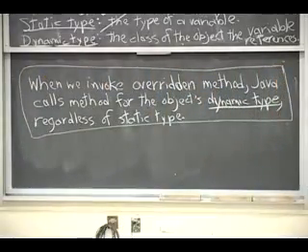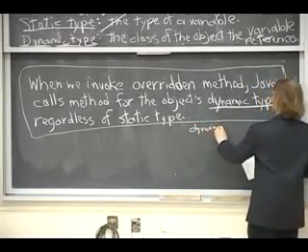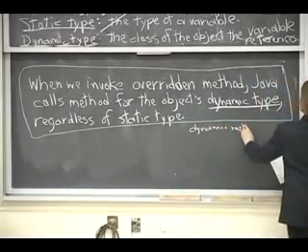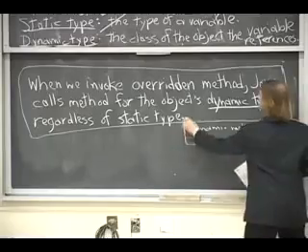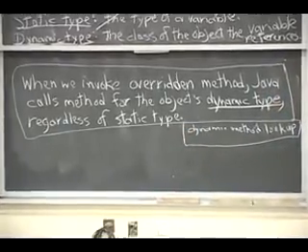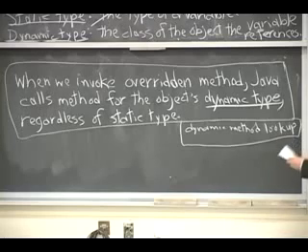And that principle is what the word dynamic method lookup means. And it's going to take a little bit of playing around with Java and practicing to figure out why this is so interesting and useful. But let me try to give you a little bit of insight into how this works.